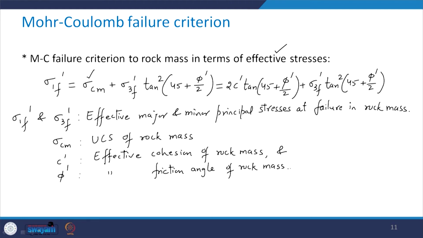So this is how the Mohr Coulomb failure criterion for the rock mass in terms of effective stresses can be written.